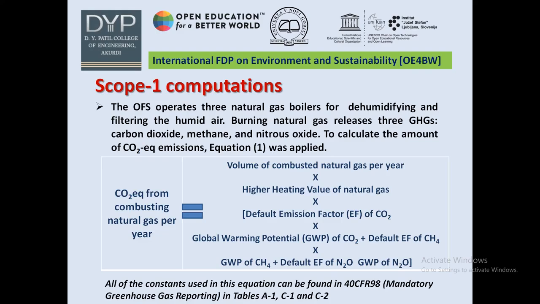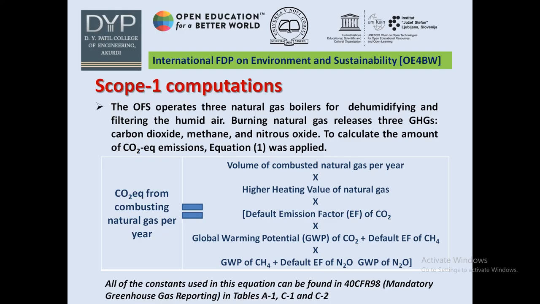So CO2 equivalent from combusting natural gas per year is equal to volume of combusted natural gas per year multiplied by higher heating value of the natural gas multiplied by the default emission factor of CO2 times global warming potential, plus default EF value of CH4 multiplied by GWP of CH4, plus default emission factor of N2O and GWP of N2O.